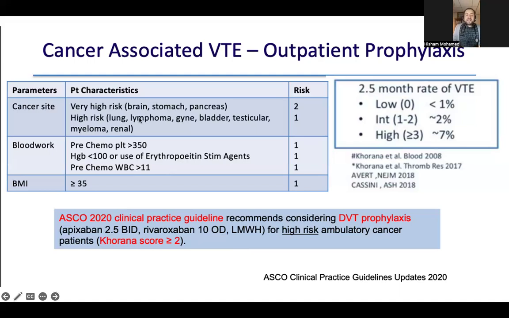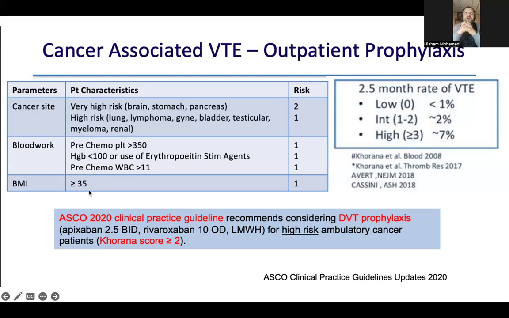So if you have a brain cancer, stomach cancer, pancreas cancer, or high risk cancer with platelets more than 350, or hemoglobin less than 100, or the patient already on erythropoietin stimulating agent, or pre-chemo WBC is high, or BMI.